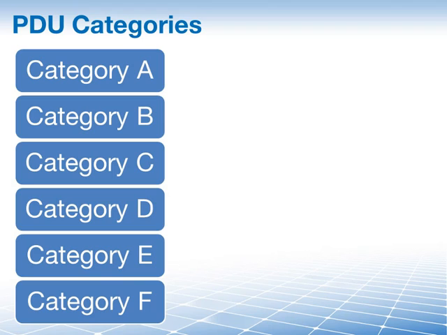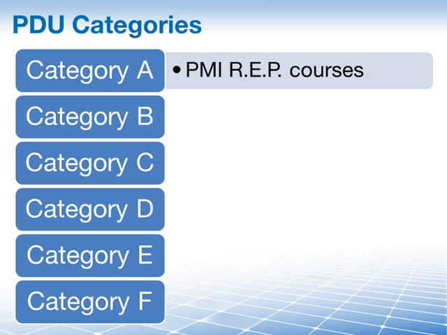And how do you earn these PDUs? Well, PMI has created 6 categories, category A through F. Let's go through them briefly here. Category A PDUs are given to you by PMI Registered Education Provider courses. We are a PMI Registered Education Provider and we do offer PDUs.